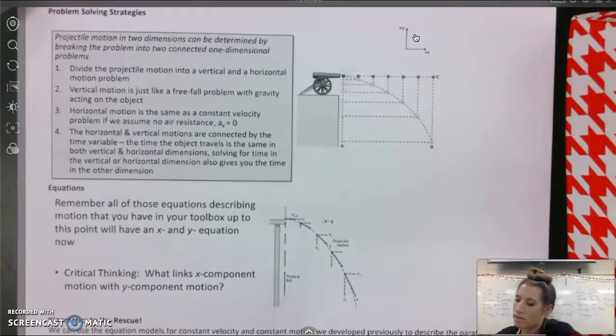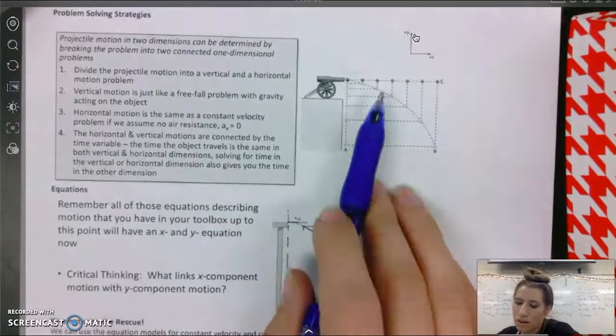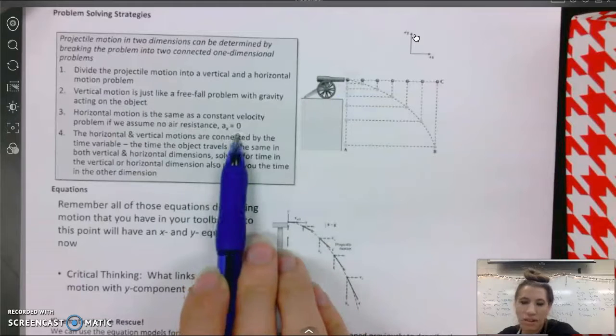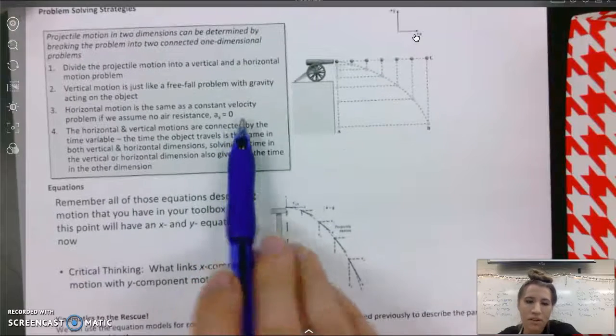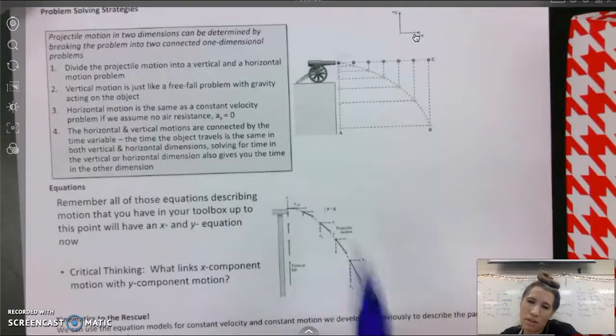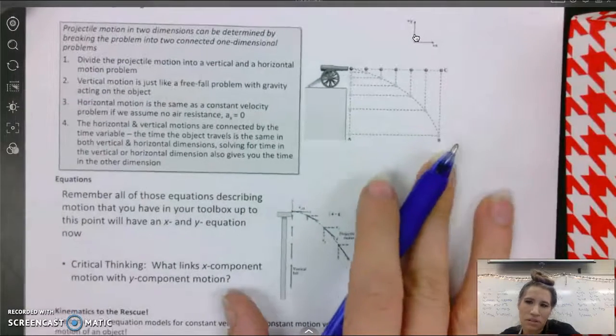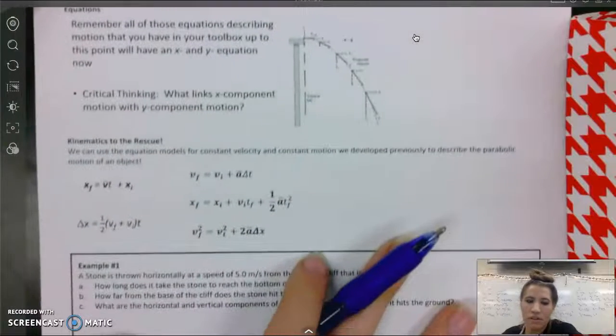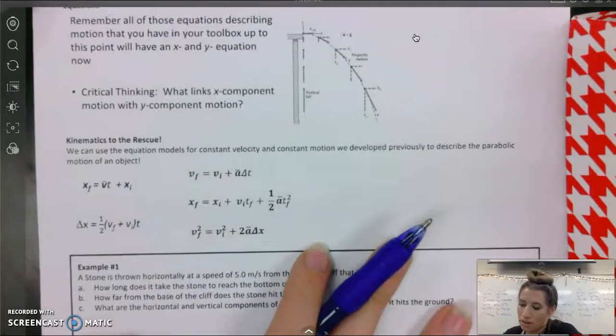Okay, so this is just summary and reminder of what's happening with that parabolic motion, that the acceleration in the x direction is 0, the acceleration in the y is due to gravity, because that's the only force acting on the object. Okay. Now, here are our kinematic equations.